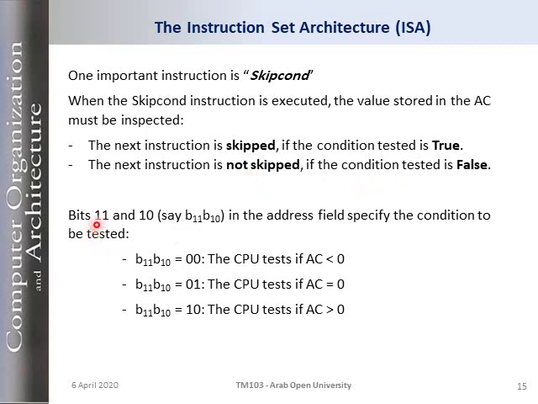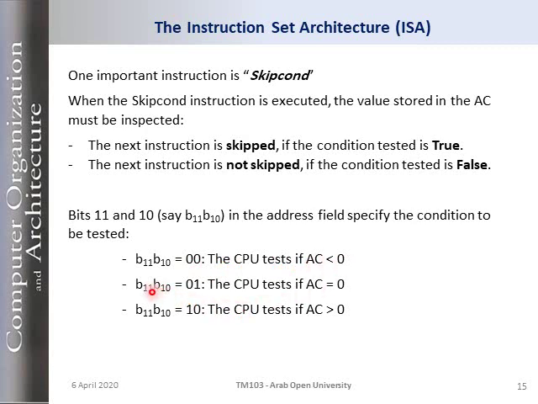We need to focus on bits number 10 and number 11 from our instruction, the 16 bits of the instruction. If bits number 10 and 11 are 0, 0, it means that we are testing if the accumulator is less than 0.